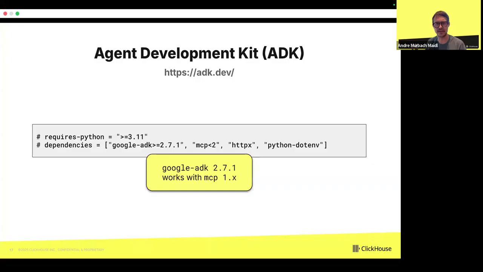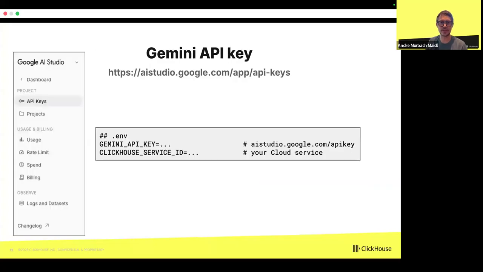I couldn't get it working, but I could get it working with 1. So that's the reason. Then I'm also using HTTPX to run the queries through this protocol to the MCP server, and the python .env because I'm loading the Gemini API key using one .env file.